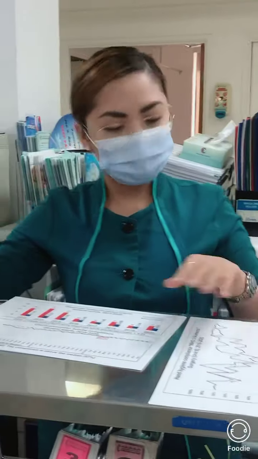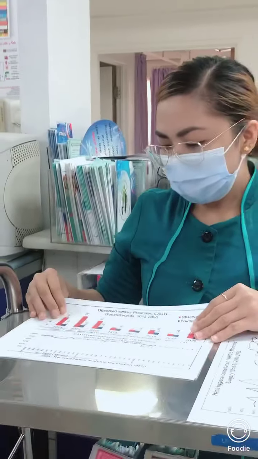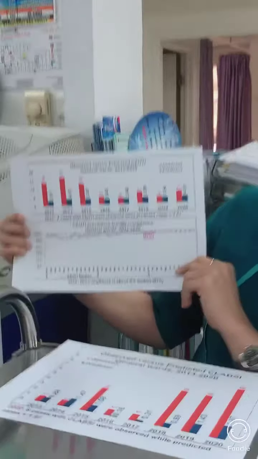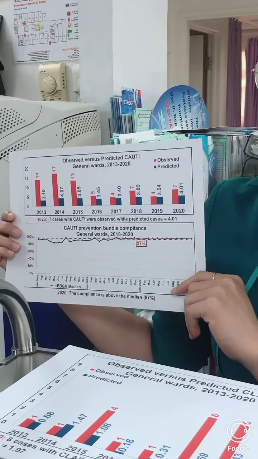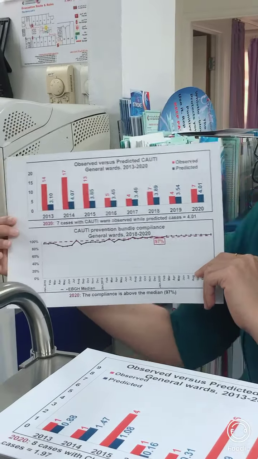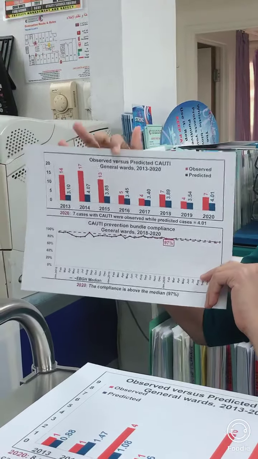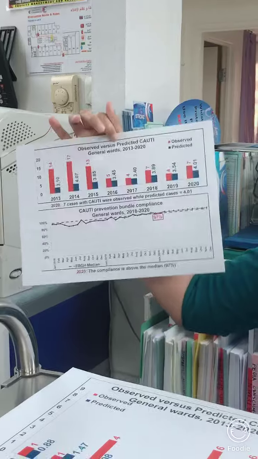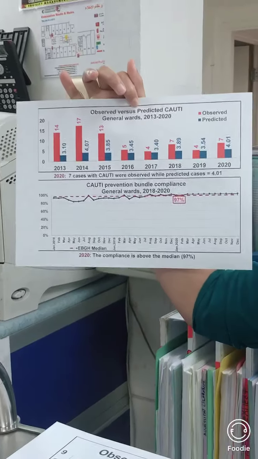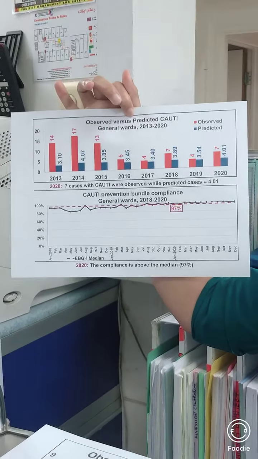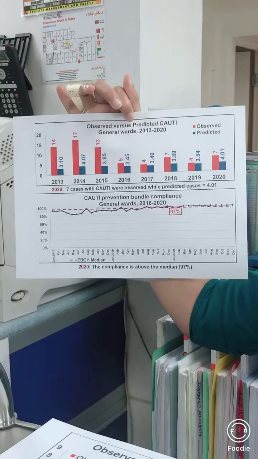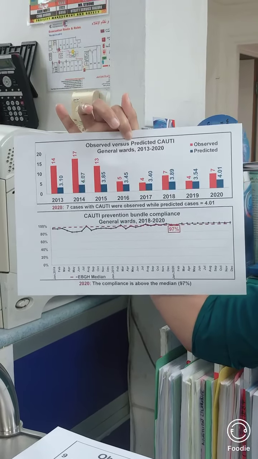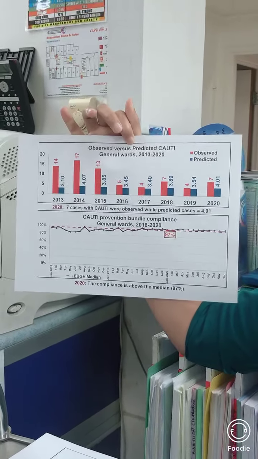Okay. So next, for the observed CAUTI. This is for the general wards except the ICU and CCU, guys. All general wards. So this one, we have 7 cases observed, while 4.01 is the predicted.